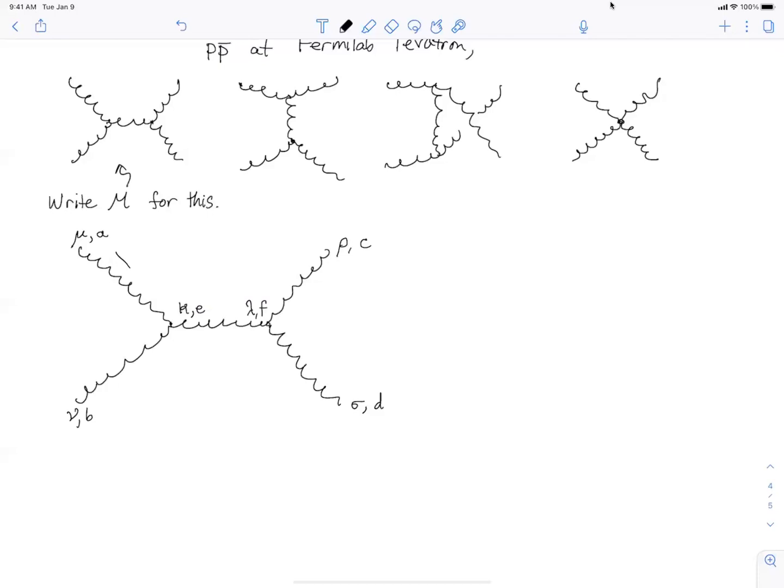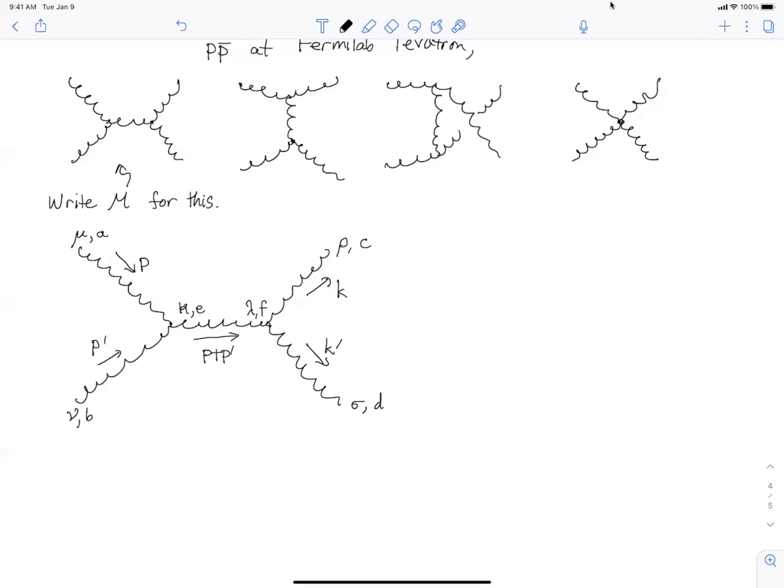So let's call this momentum coming in P, and this momentum coming in P prime, and this momentum coming out K, and this momentum coming out is going to be K prime. And then momentum conservation tells me the momentum in this one is P plus P prime, or equivalently K plus K prime.